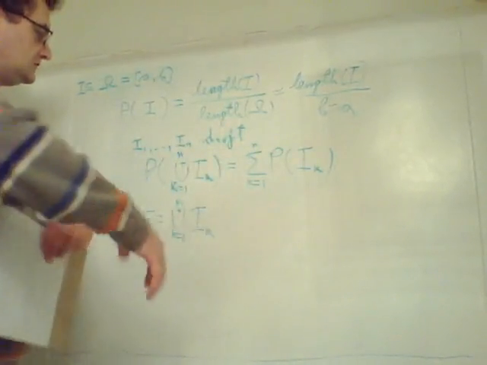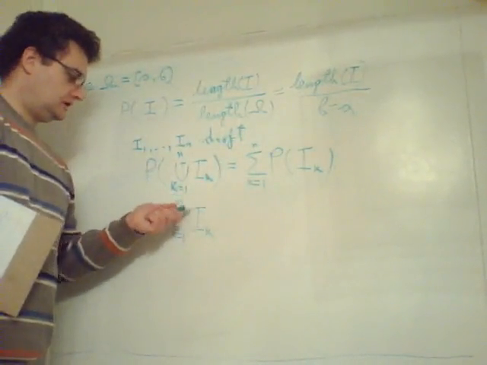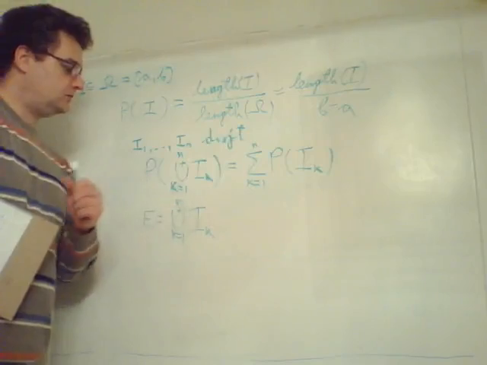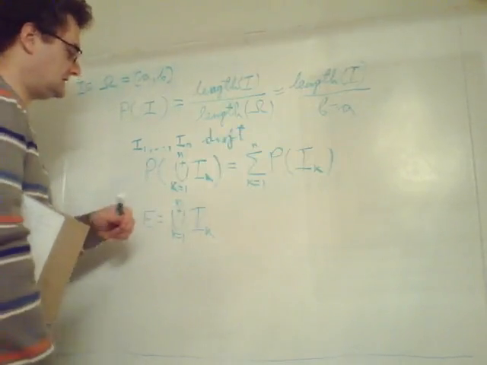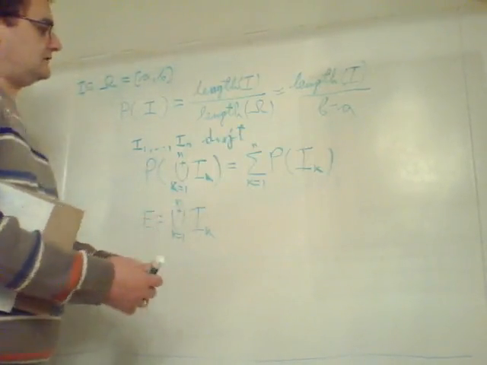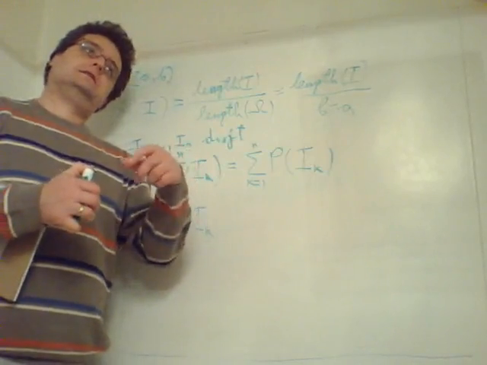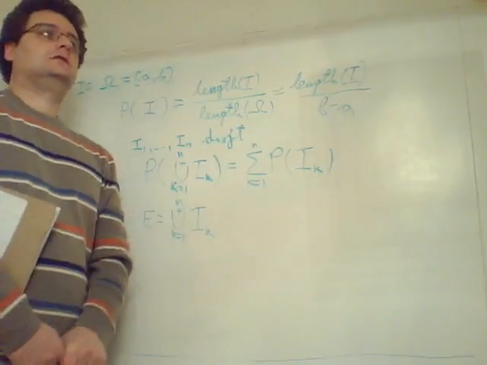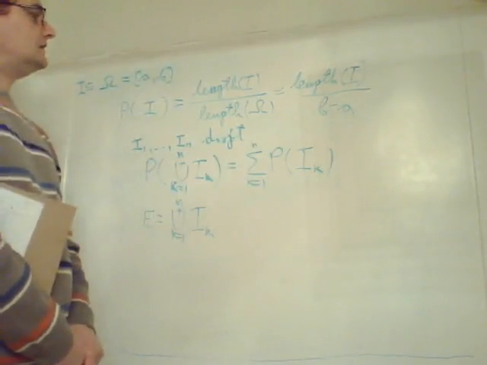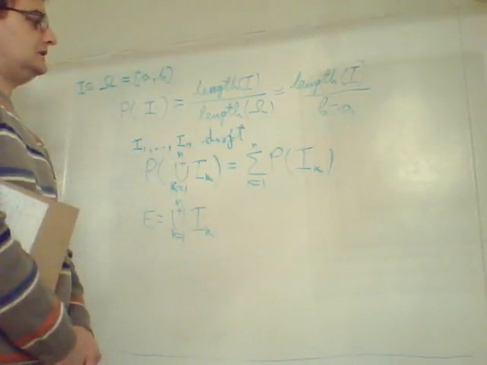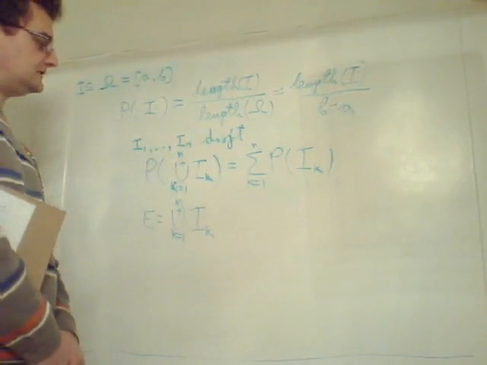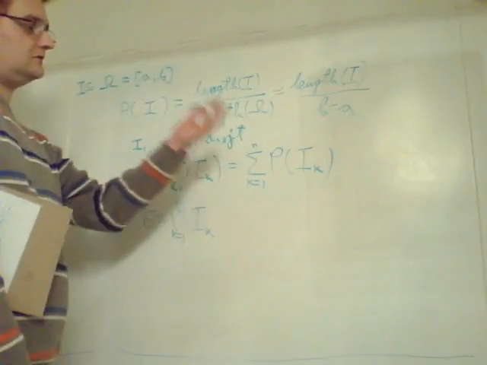We can also immediately allow countable disjoint union and say if a set is a countable disjoint union of intervals, then the probability of that set is the series of probabilities of the I_k's.